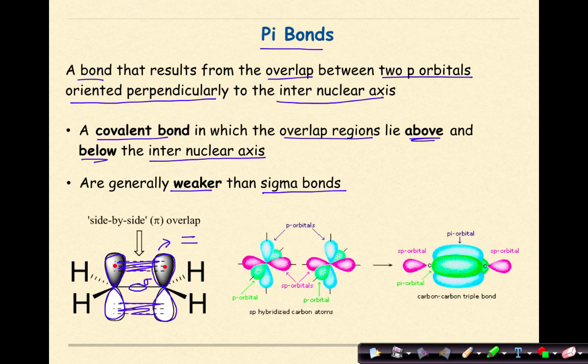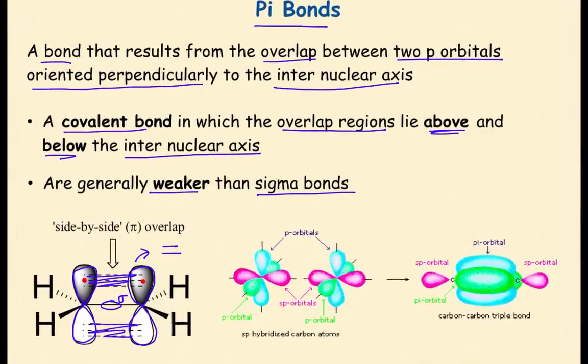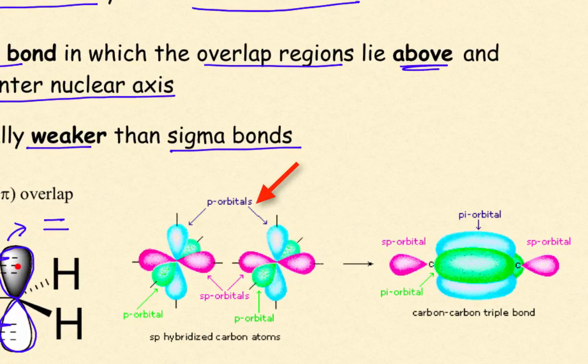So if this represents a double bond, what represents a triple bond? A triple bond is represented here. So what are we looking at? Our sigma bond is going to basically occur between these pink lobes. So this is an sp orbital. So this would represent my sigma bond. My pi bonds would occur above and below the sigma bond. So one pi bond would involve these blue dumbbells that we see right here.